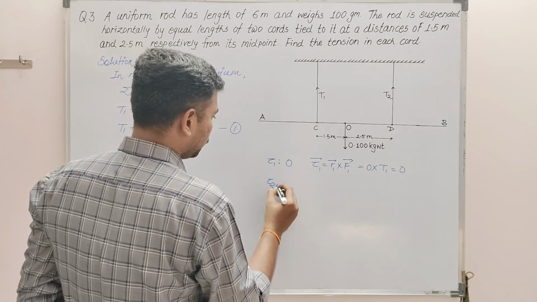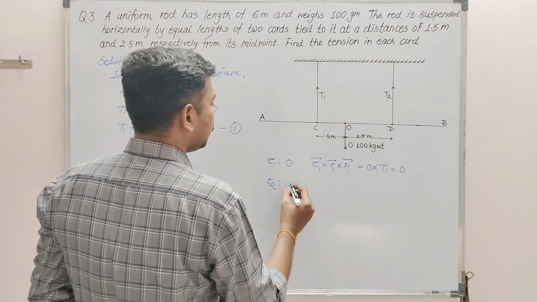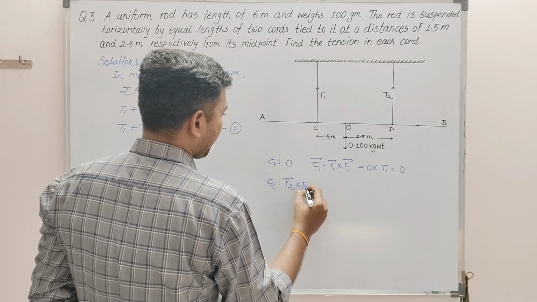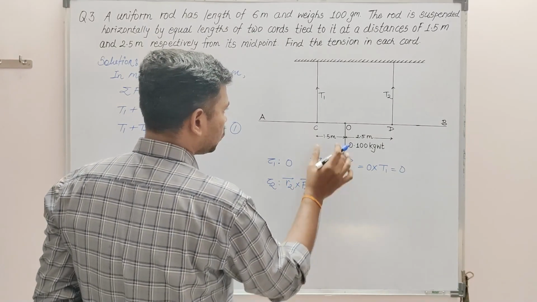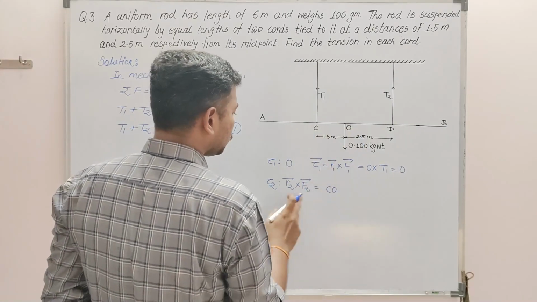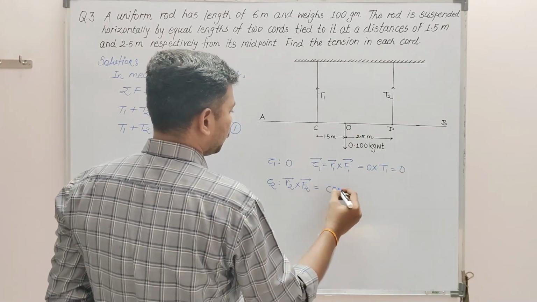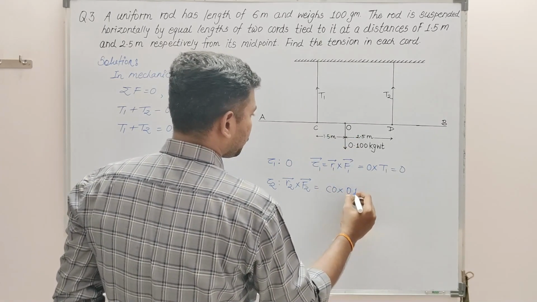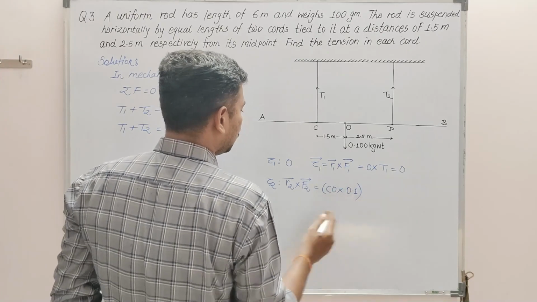What about torque 2? We can write R2 cross F2. What is R2 there? It is CO, the position vector. So we can take the magnitude as CO into weight, and the weight is 0.1. This is the torque 2.